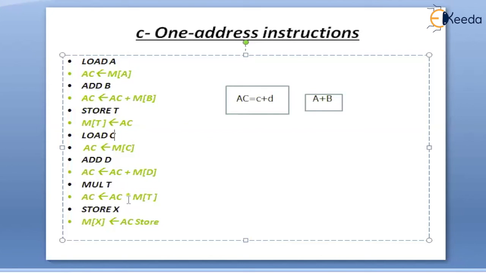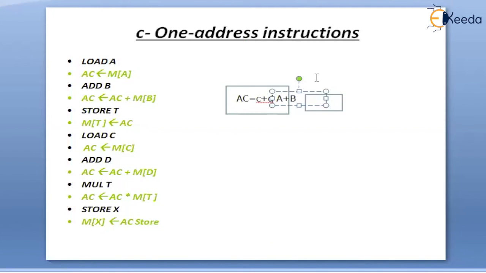Accumulator is equal to accumulator into T. So C plus D into A plus B. Accumulator is equal to C plus D into A plus B. Now the accumulator holds the content C plus D into A plus B.